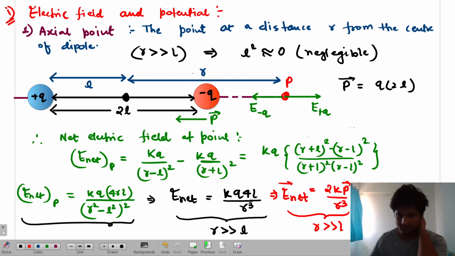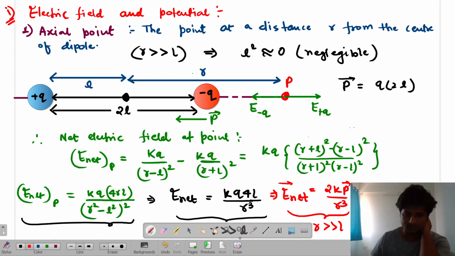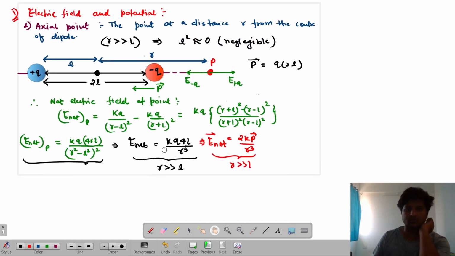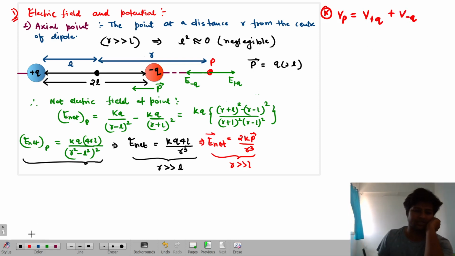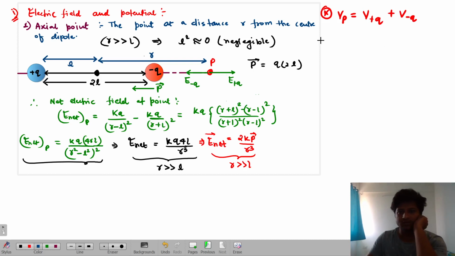So look over here. Potential at point P will be the potential due to plus Q charge plus the potential due to minus Q charge, because potential is a scalar quantity, isn't it? So then what I'll get?